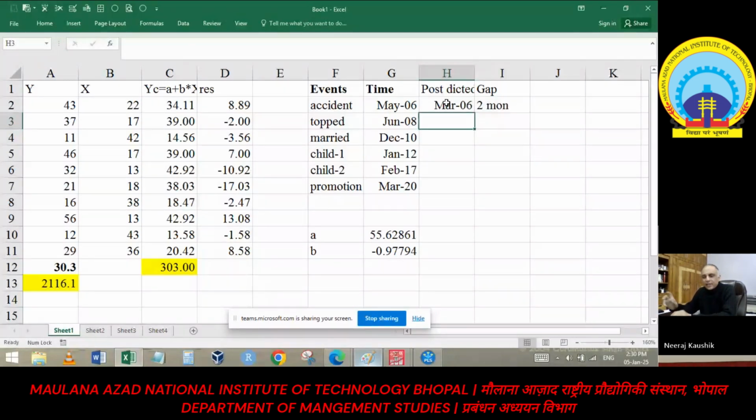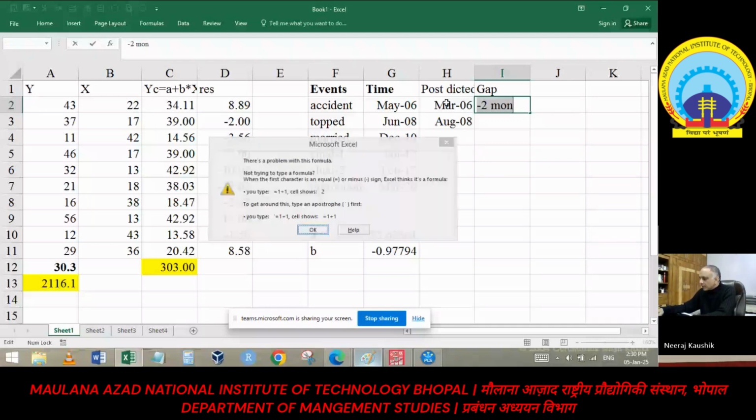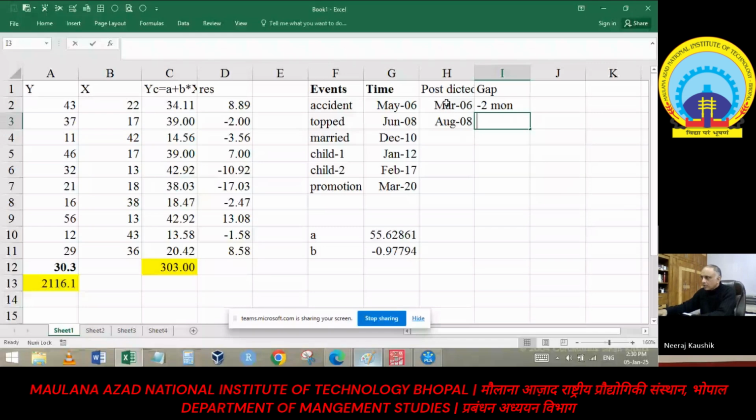Further, the astrologer tells me, it seems August 2008 is a very good time for academic excellence. Well, actually, it was this one. So first it was minus 2 months, and the next it was plus 2 months. Are you with me? Are you understanding what I'm saying? I am asking for a post-prediction from the astrologer.